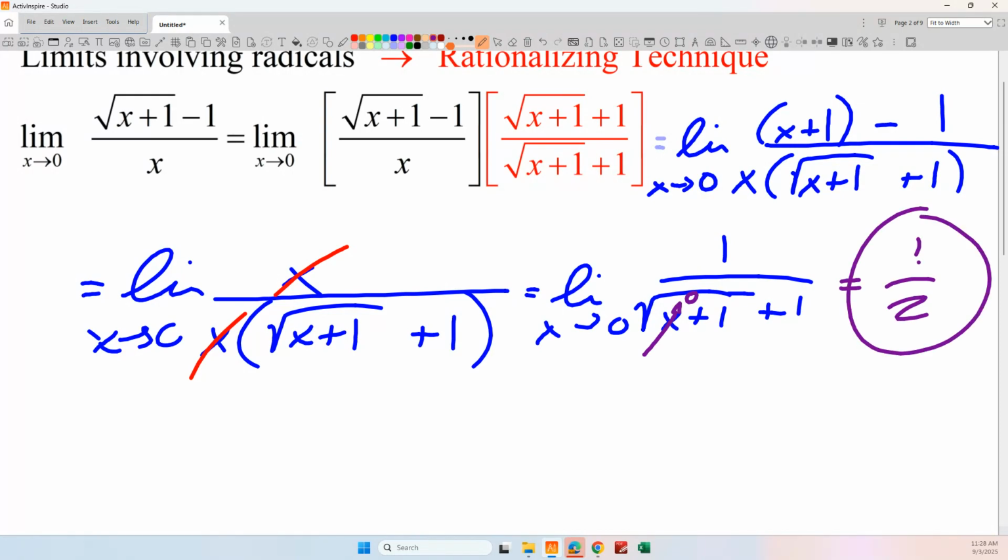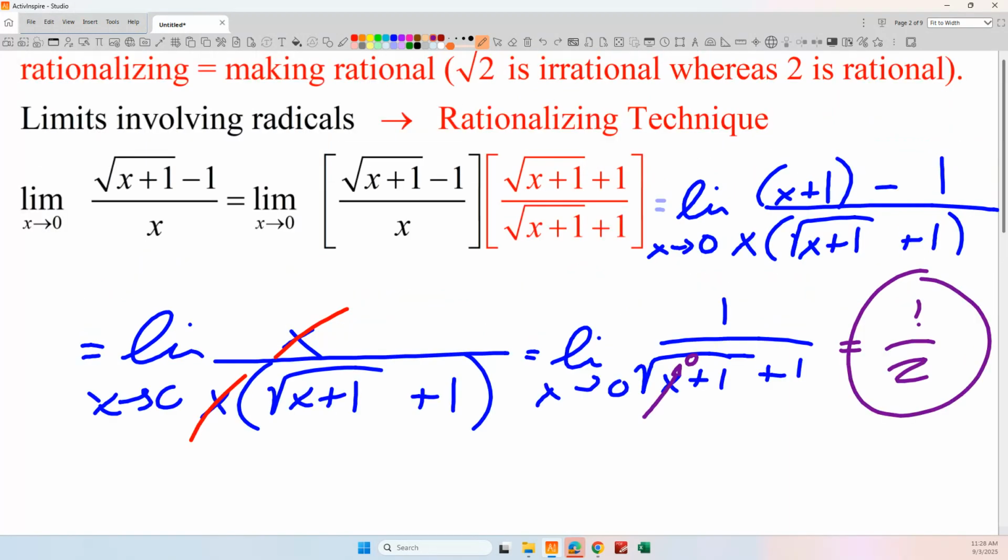Done. Okay. What's the moral of the story? Moral of the story is if you have a function that when I take a limit is indeterminate, and it involves a radical, the way to resolve the indeterminacy is to multiply the top and the bottom by the conjugate of the radical expression that's going to 0.